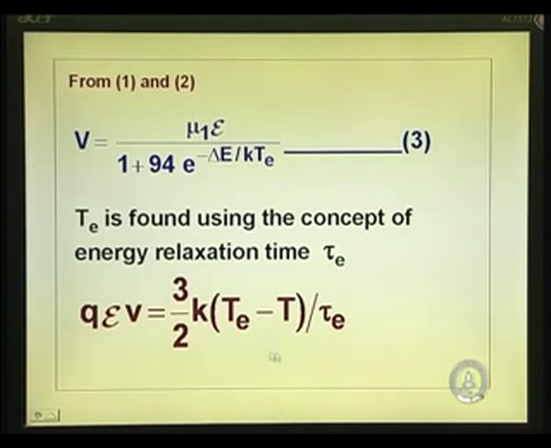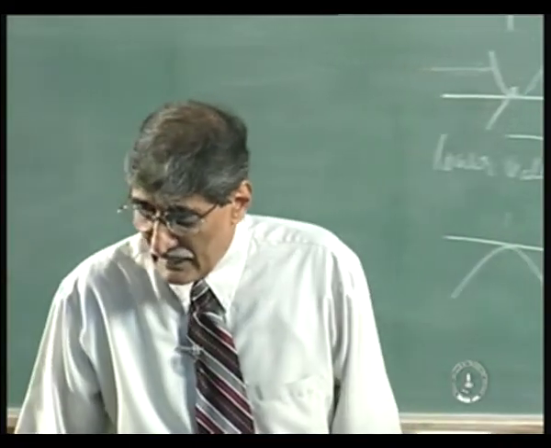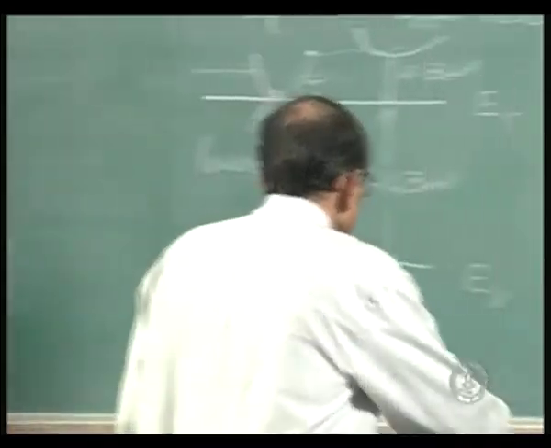This quantity, 3 by 2 k into Te minus T, is actually the energy of the electron over and above the thermal energy. That is the energy acquired from the electric field. What is this quantity?